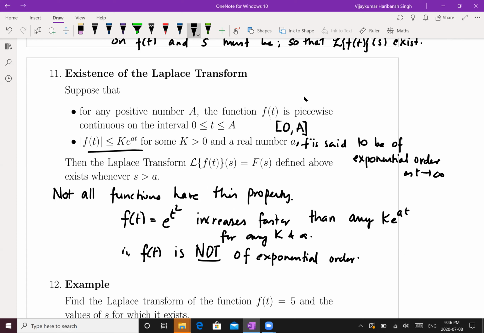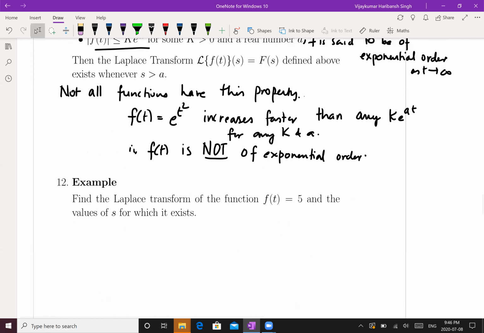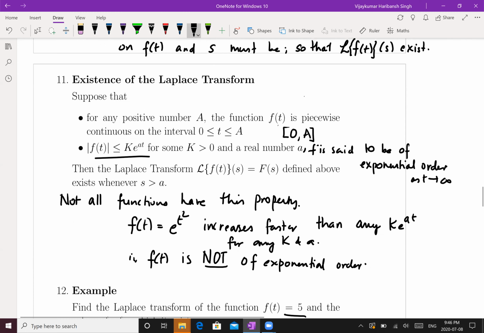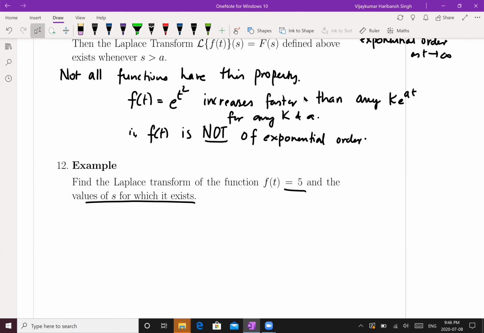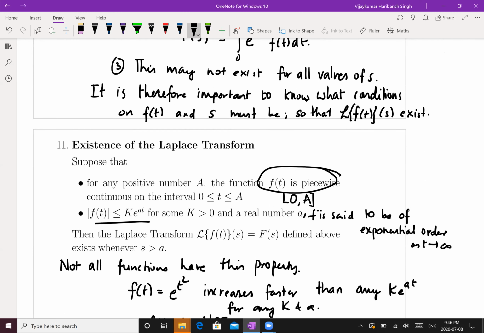Right. So let's do some examples now. Find the Laplace transform of the function f of t equals 5, and state for which values of s it exists. First of all, here f of t is a continuous function. You need that it's piecewise continuous, so it is piecewise continuous. And clearly it is of exponential order, right?